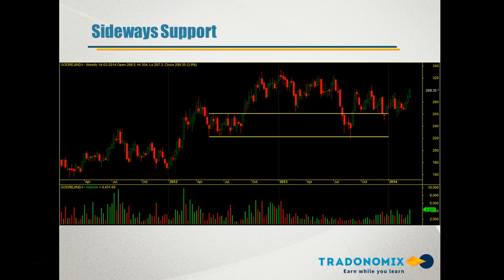You can also see a sideways. Now that you know what a sideways is, it's neither uptrend nor downtrend, neither moving up nor down. This situation can also act as a support. So here you can see in July the sideways has acted as a support in October 2014.